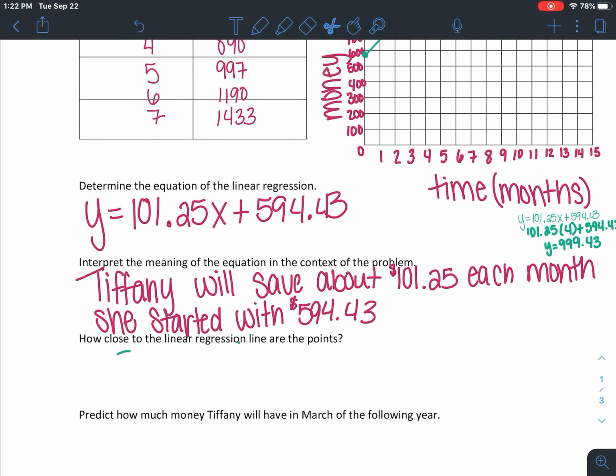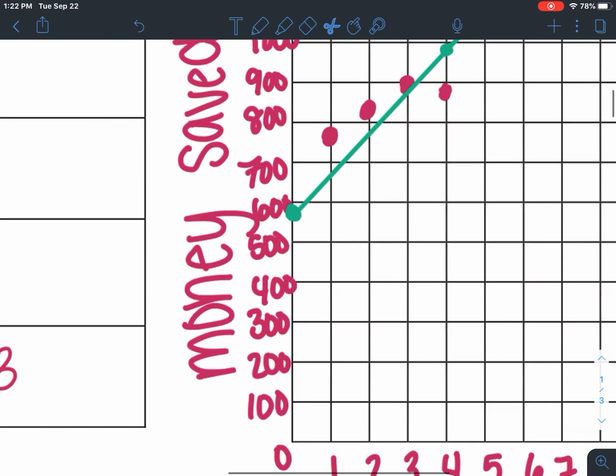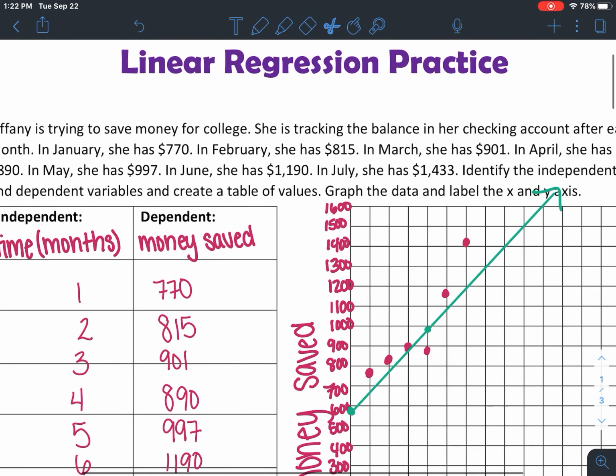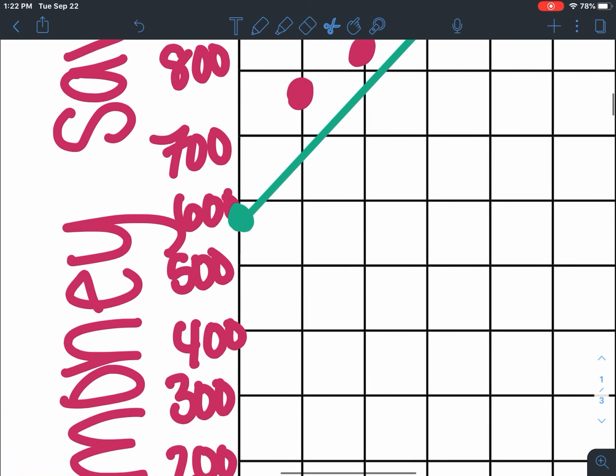And she started with a predicted $594.43. And this was her month 0. In January is this pink dot, this first pink dot here. January she had $770 after January, or in January.